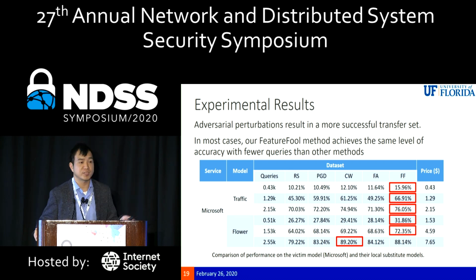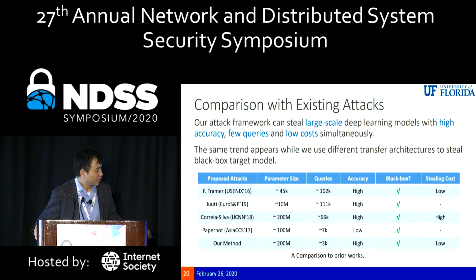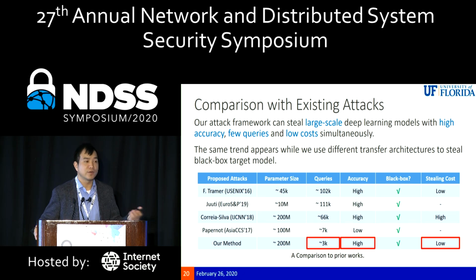So feature adversary is just one example dedicated for this, but in fact we realized that CW sometimes achieves even better performance than our tool. But the CW original goal is not for this, so we have to repurpose the design. Okay, so again, as a comparison, you can see that ours is one of the first to balance this: we need very few queries to steal these hundreds of millions of parameter models from the cloud.